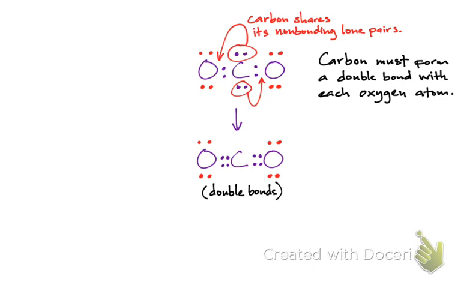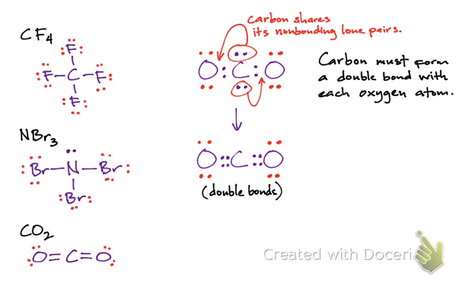Here you can see that the carbon dioxide now shows double bonds. The carbon is double bonded to the oxygen on the right-hand side and also the oxygen on the left-hand side. So these are the Lewis dot structures for the 3 molecules.